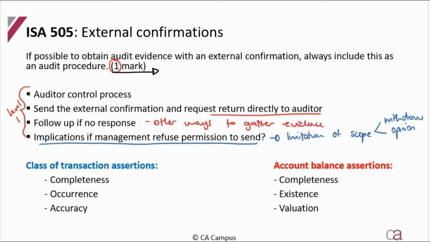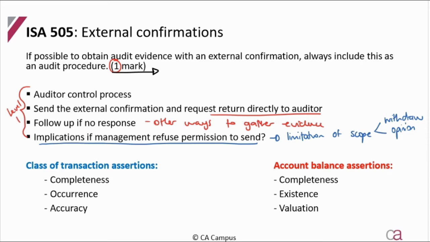Right, so what assertions can I get evidence for when I do external confirmations? This is important, guys, because we looked at how we can do standard procedures for each of our different assertions. Now I'm saying, for the completeness of a transaction or an account balance, you can say get an external confirmation. For the occurrence of a transaction or the existence of an account balance, you can get an external confirmation.